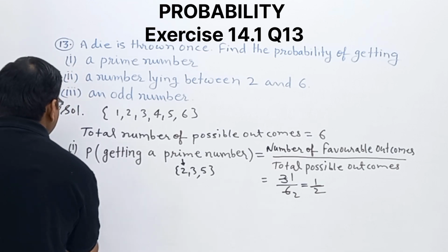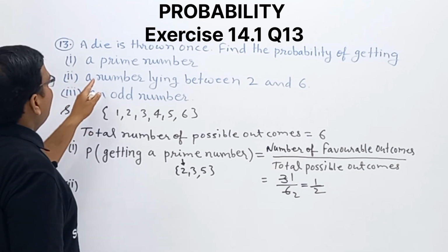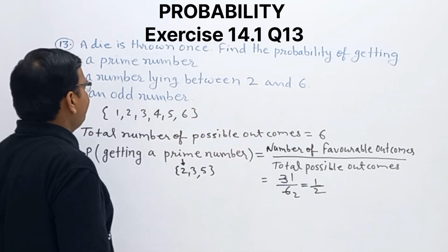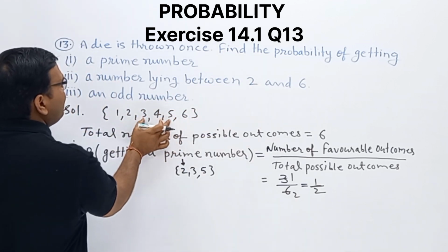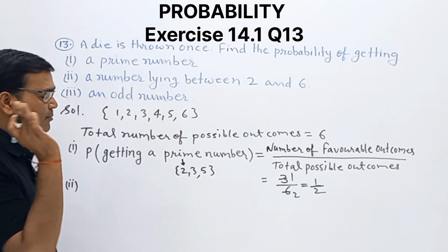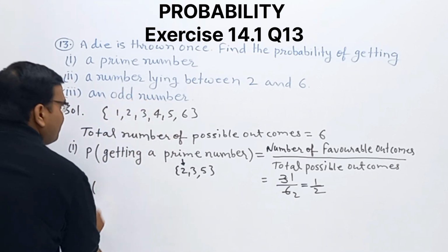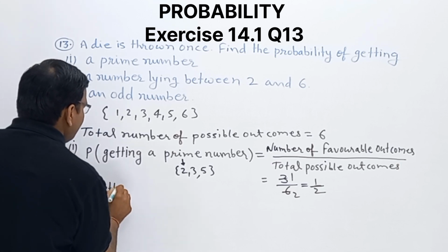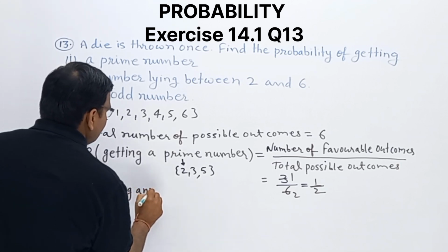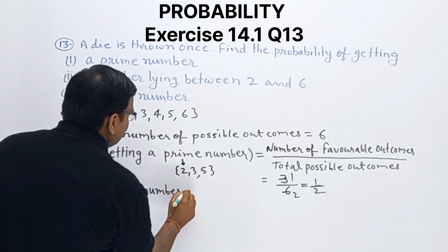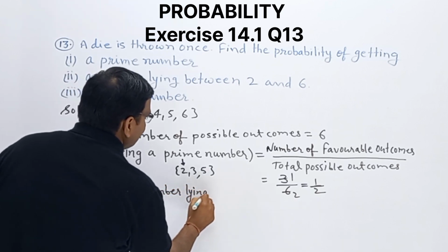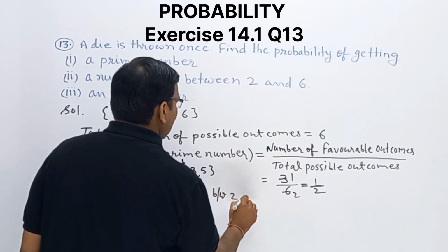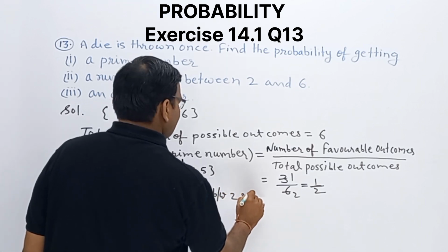Now the second one: probability of getting a number lying between 2 and 6.